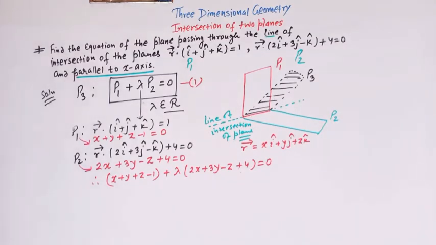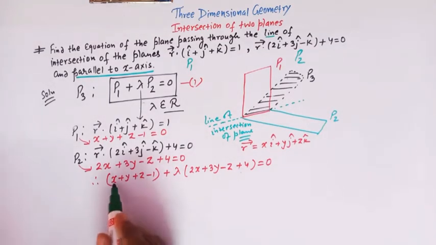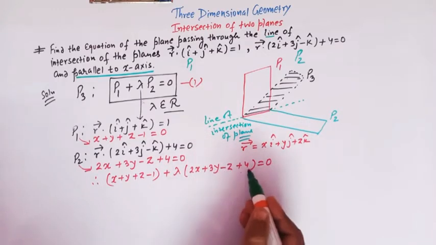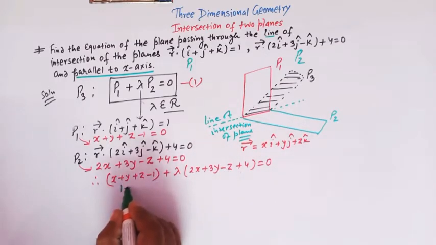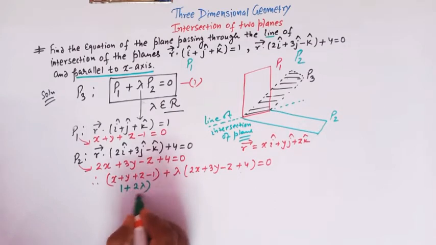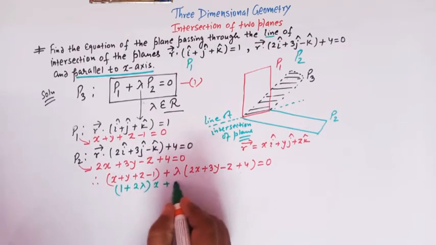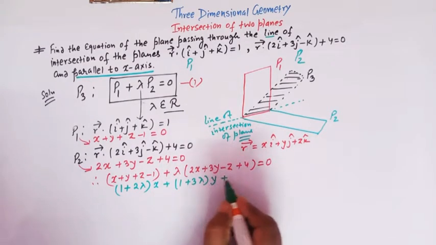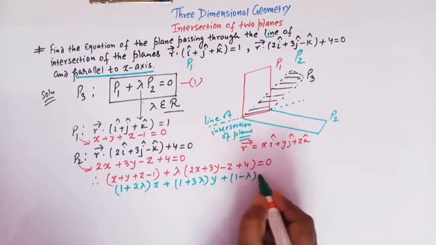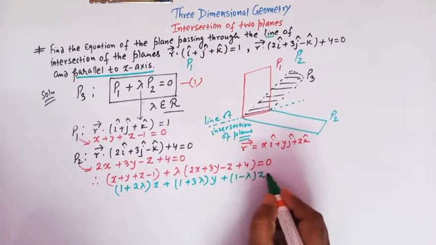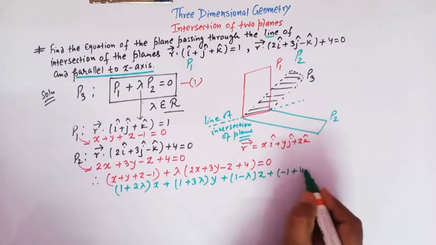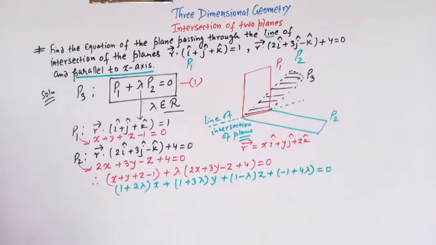Now what we will do, we'll separate the coefficients of x, y and z and the constant term. So we can rewrite it as (1 plus 2 lambda)x plus (1 plus 3 lambda)y plus (1 minus lambda)z, and here we have minus 1 plus 4 lambda is equal to 0.